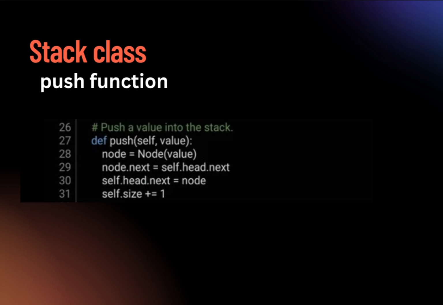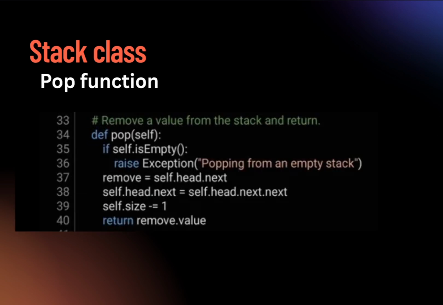The push works by first creating a new node, then links it to the current first node, moves the head pointer to this new node, and increases the stack size. If there is a push function, there is also the pop function.